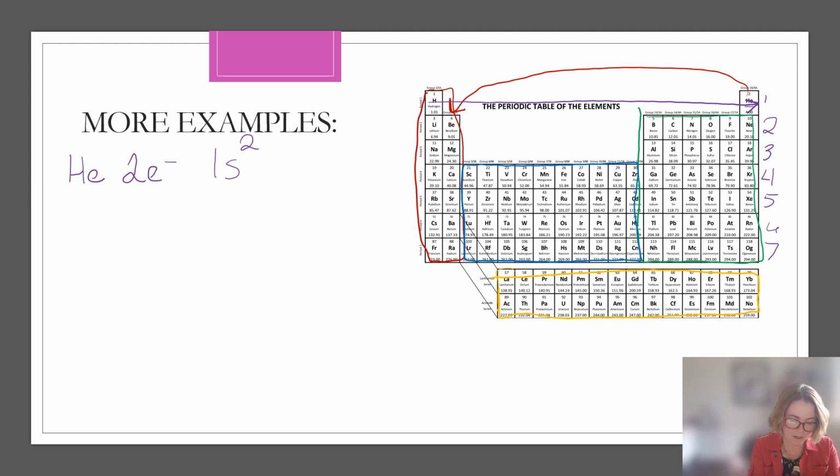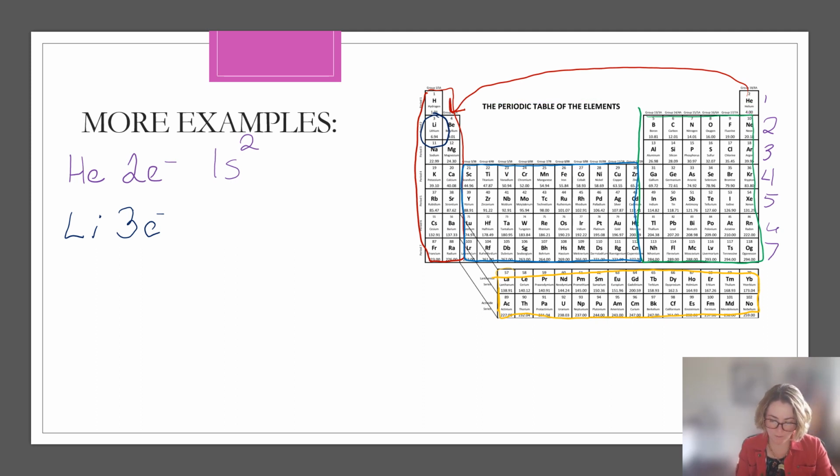Okay, I'm going to take a look at lithium next. Now lithium is element number 3, so it sits right here. We know that lithium has 3 electrons, and when I go to figure out my configuration, again, I'm going to use this like I would a game board, and you always start from the beginning, right?